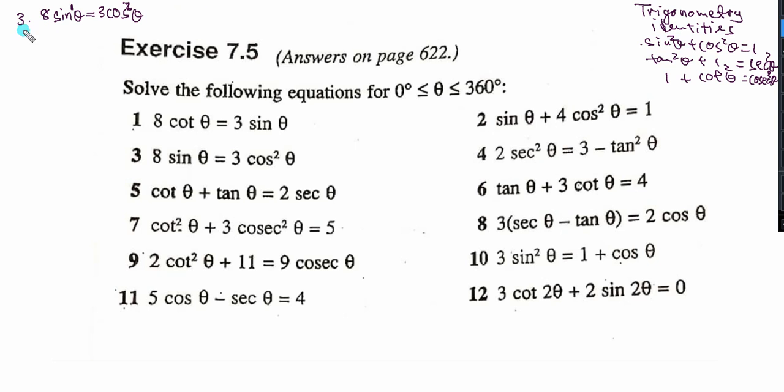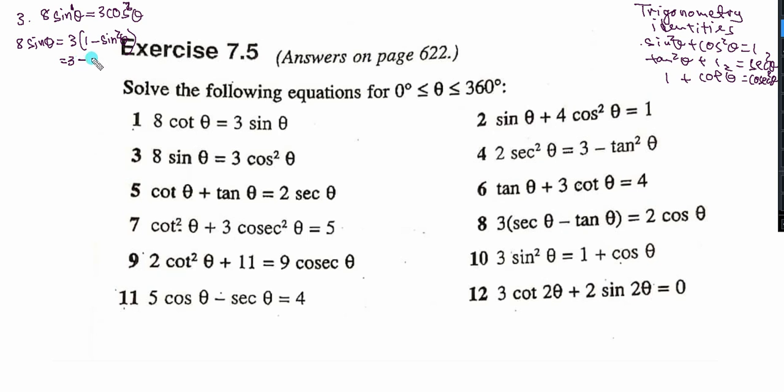So from here, 8 sine theta is actually 3, and we are going to substitute the cosine squared theta by 1 minus sine squared theta. Okay, now let's expand this.